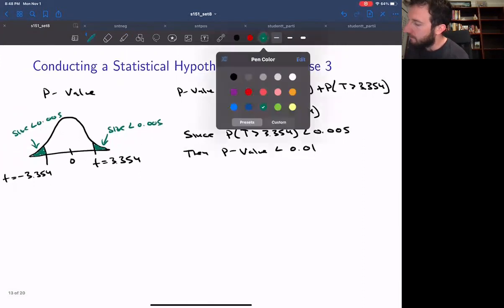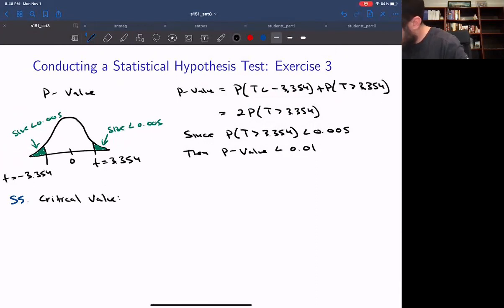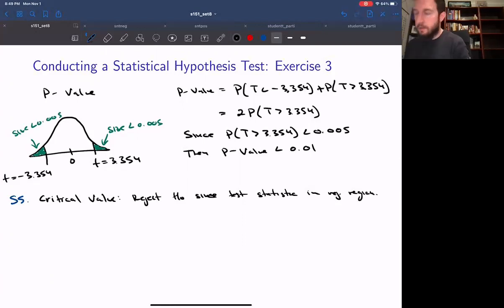Okay, so that takes us to step 5. So from the critical value approach, we would reject H0 since the test statistic is in the rejection region.